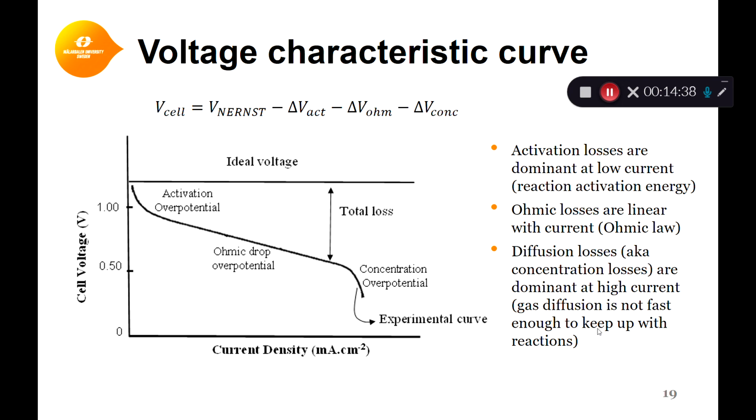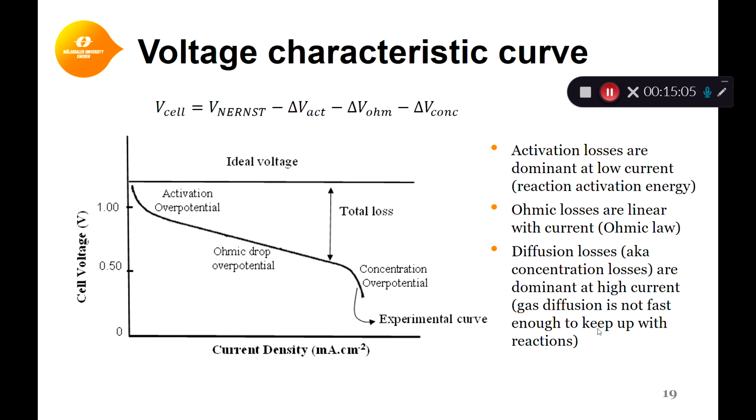And this is where the ohmic loss is dominant, because the ohmic loss is linearly related with current. And finally, a third region where we see again a quite sharp decrease in voltage, and is where the diffusion loss is dominant, because for very high current, it means that the reactions have to occur very fast.